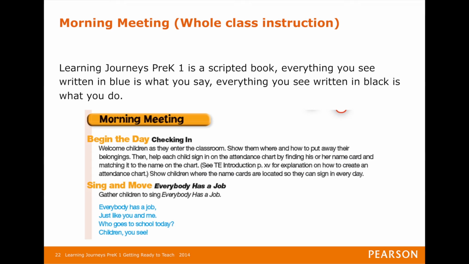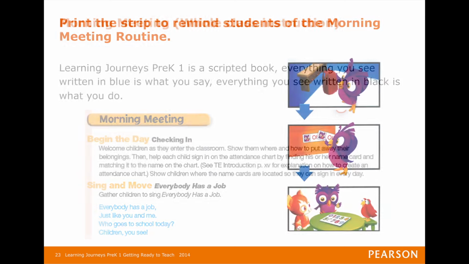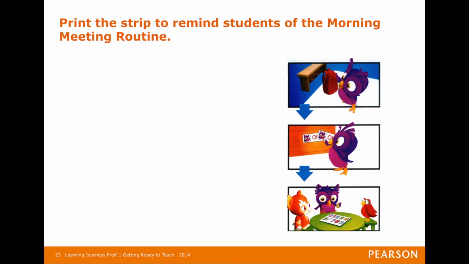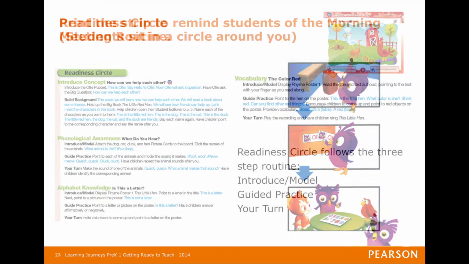To sign in attendance, guide each child to find their name and put it where the matching one is. To complete the morning meeting, sing and move to the song Everybody Has a Job, track 1 on the audio CD. There are strips that you can print that show Ollie following the routines children should perform.